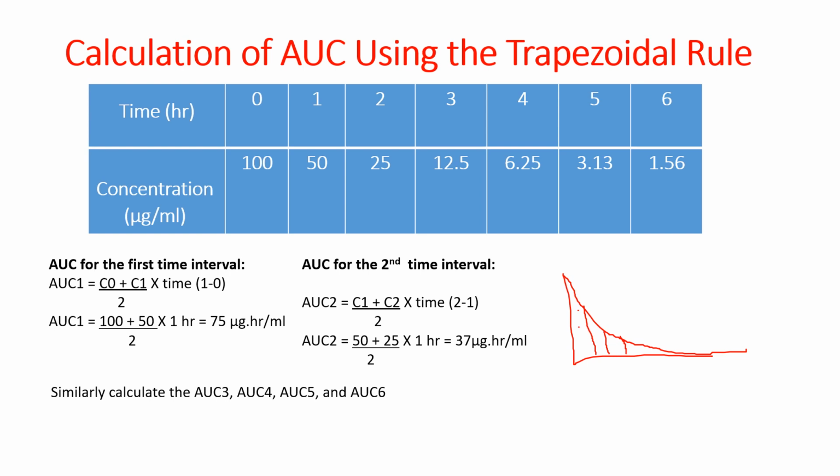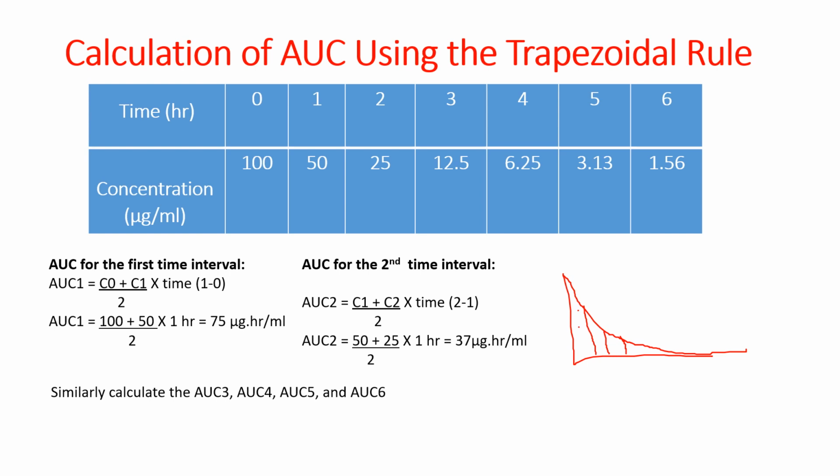AUC of the first time interval, AUC1, is (C0 + C1) divided by 2, multiplied by the time difference. Here C0 is 100 plus C1 is 50, divided by 2, into the time difference, 1 minus 0, which is 1. The result we have got here is 75.